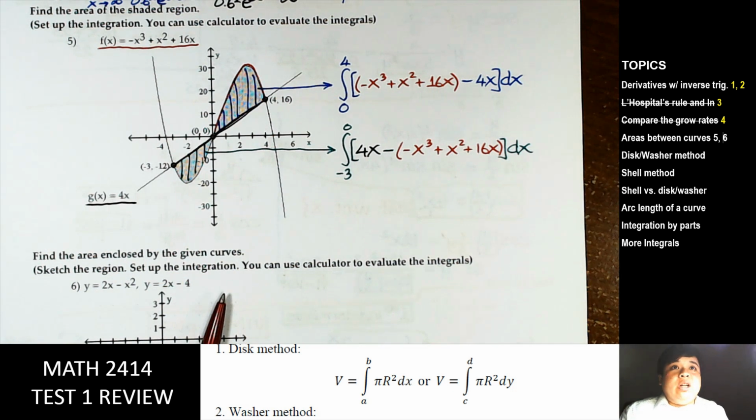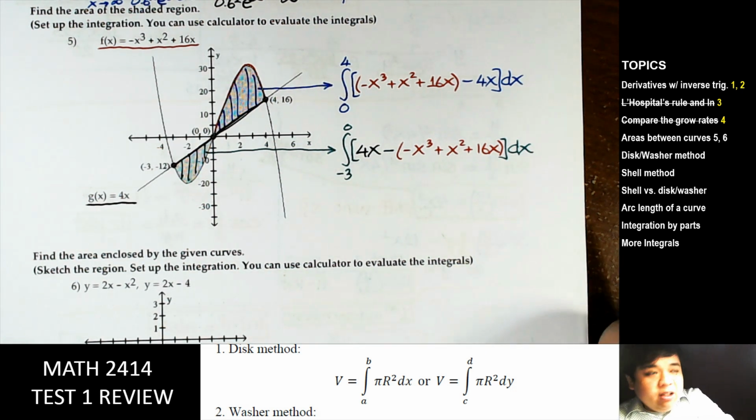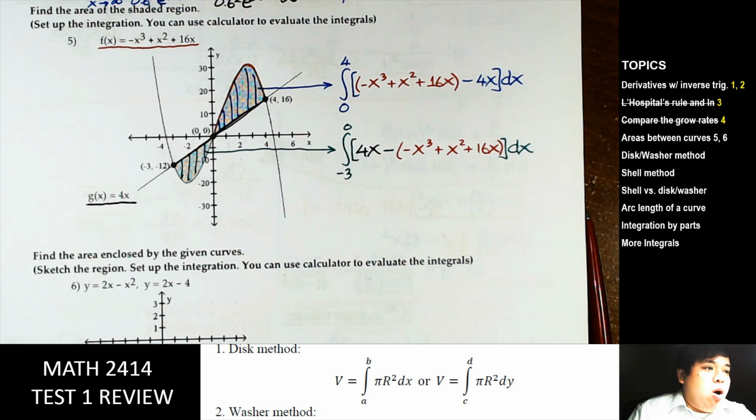Right. We use the calculator to evaluate this integral. We will do a lot of integration. So for here, the setting up part is a lot more important. Right, so we bring up the calculator.